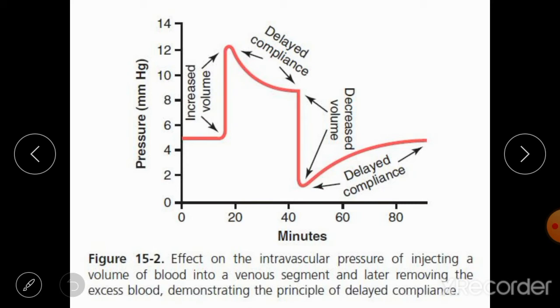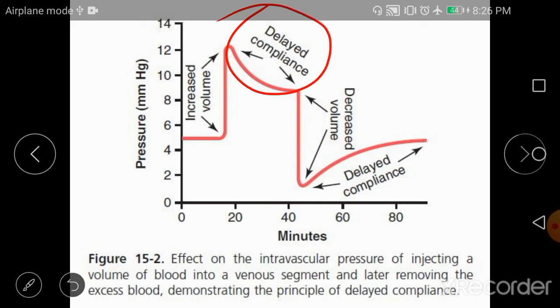The pressure which falls back does not return to the initial stage. This is because there is, after all, some additional amount of blood added into the blood vessel. But still, it is a lot less than the pressure which resulted immediately after the injection. This is known as delayed compliance.